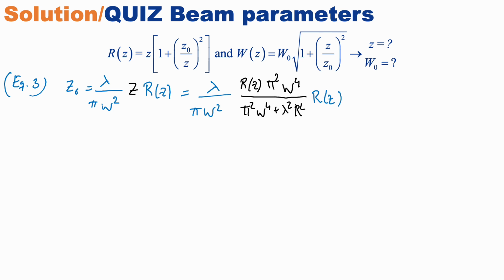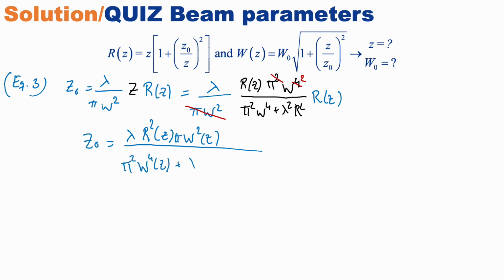So at the end, we can see that this can go with one of these, and here we have now a 2. So my Rayleigh range is equal to lambda the square, and now we have pi and the square of the beam width, and then the denominator stays exactly the same.